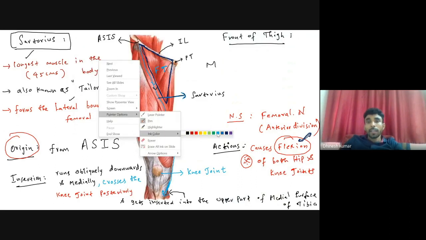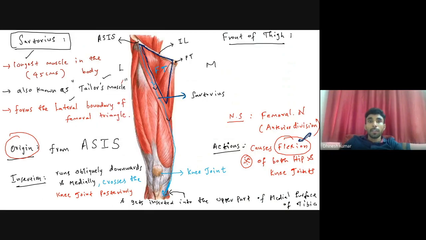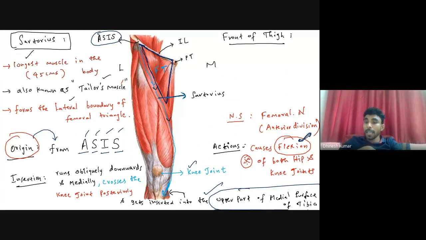The origin of sartorius is from the anterior superior iliac spine, so write it in full form, please. And what about insertion? It runs obliquely downwards and medially, then crosses the knee joint posteriorly and finally gets inserted into the upper part of the medial surface of the tibia bone, fine, okay.